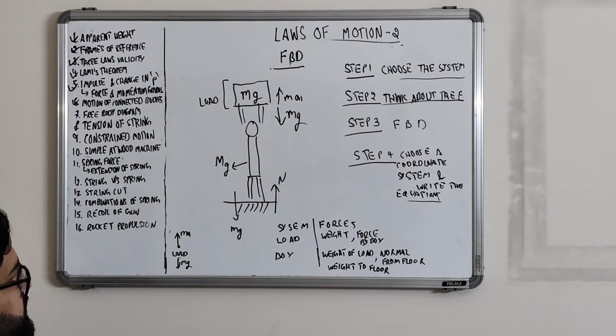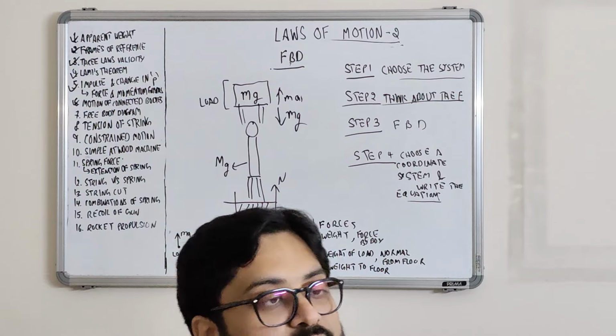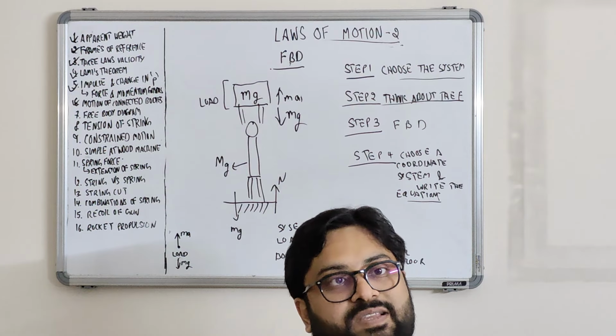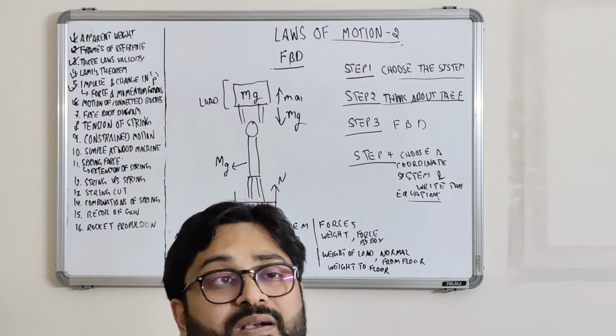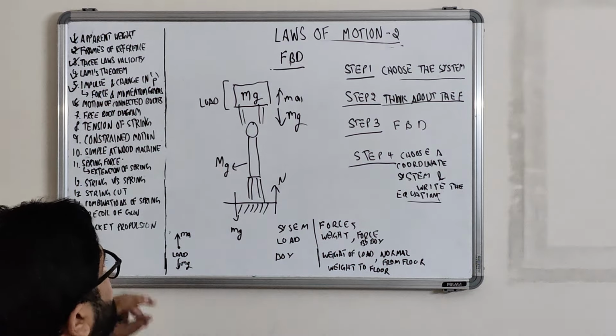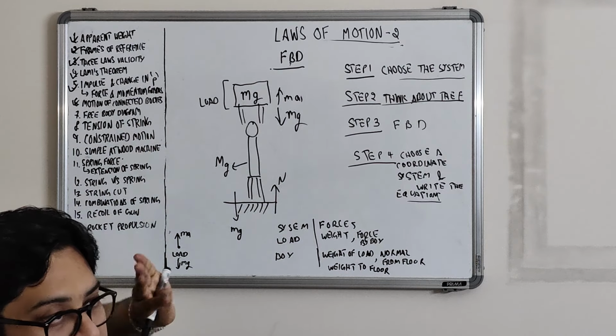Now we have to choose a coordinate system. Generally what we do is we take the direction in which the body is accelerating as the x-axis, but I don't recommend following that exactly. What I recommend is to always follow the 2D system.